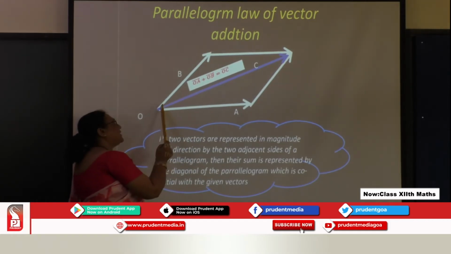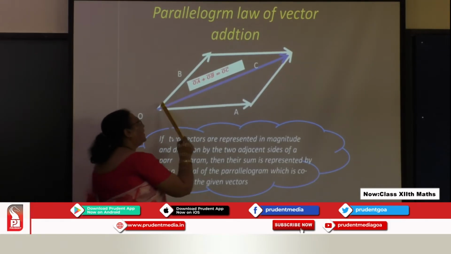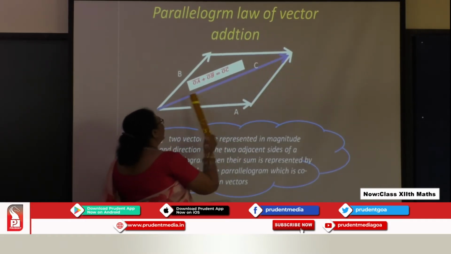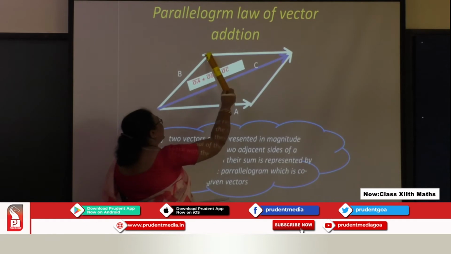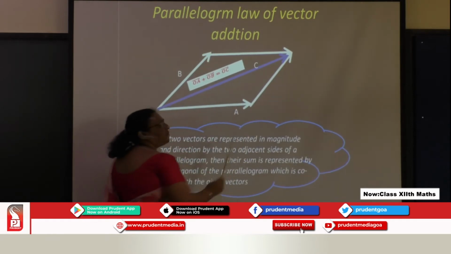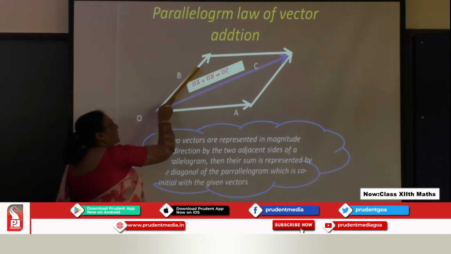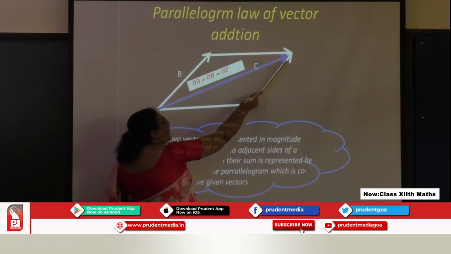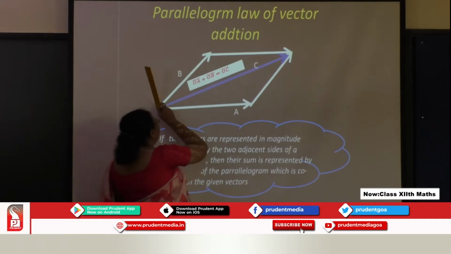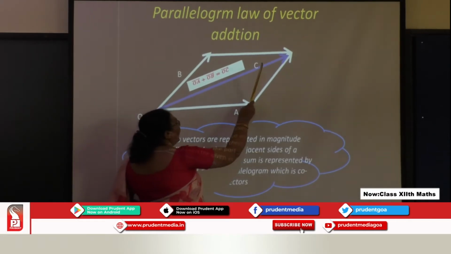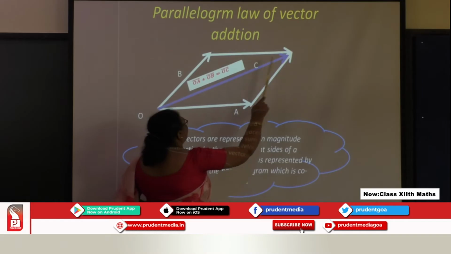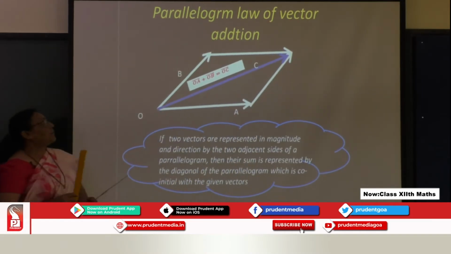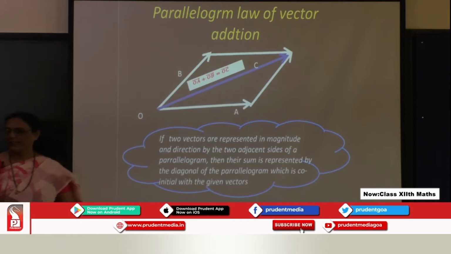The initial point is the same here, and the sum of these two is represented by the diagonal OC. OA plus OB is the same as OC. Why is it like that? Because this vector is the same as this vector, both are parallel and have the same magnitude. So by triangle law, OA plus AC is the same as OC. That's why we get the parallelogram law of vector addition.